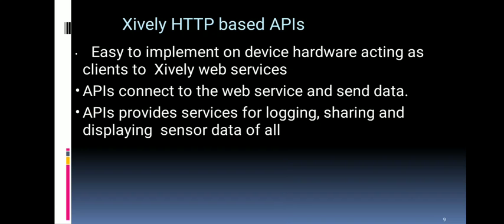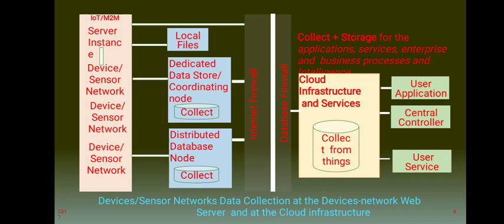And coming to the HTTP based application program interface, this Xively is easy to implement on various hardware devices which are acting as clients to Xively web services. These APIs connect to the web service for sending the data, and also provide logging services, sharing and displaying the sensor data to the users.